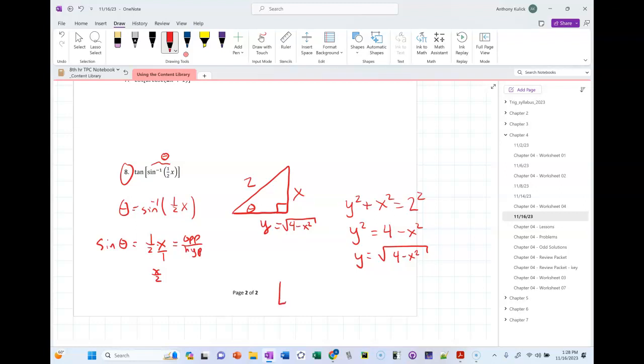All right, so now what I have is tan theta, right? Which I know in a right triangle is opposite over adjacent. So that would be x over root 4 minus x squared. And typically we don't leave a radical in the denominator.